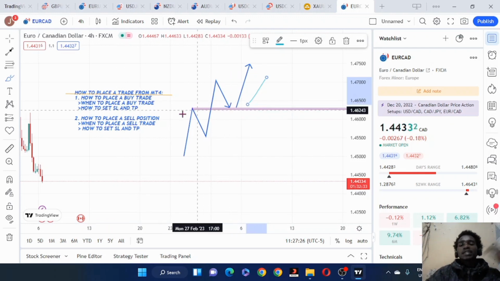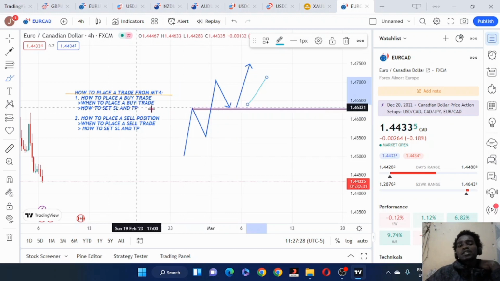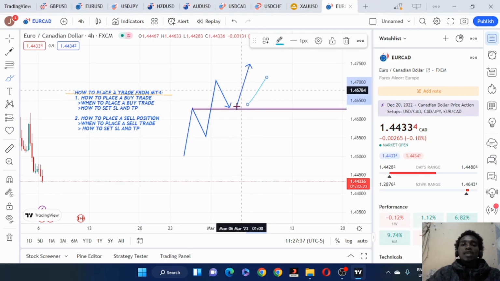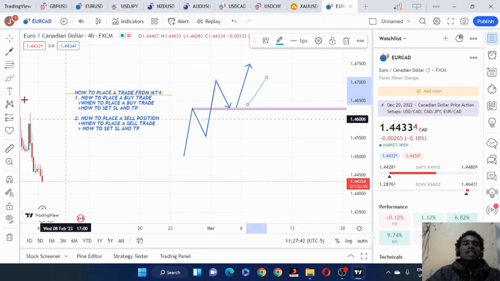Basically, stop loss means if you place a buy trade, reacting that the price will go up, and the price starts going down and you start losing money, you want to set a specific area.